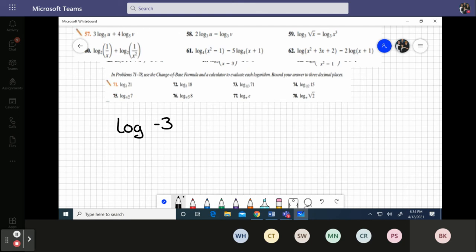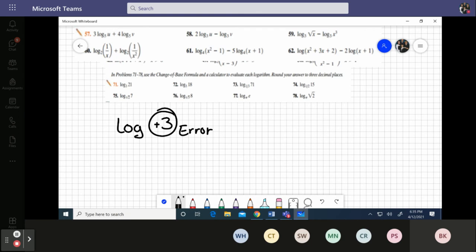What did you get when you hit -3 in your log button? Good. Okay? You can't take the natural log or the regular log of a negative number. This has always got to be positive, greater than 0.